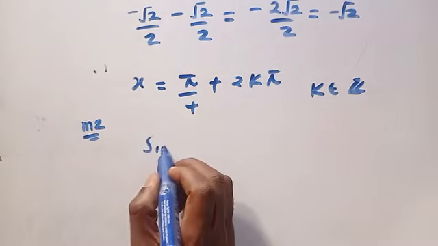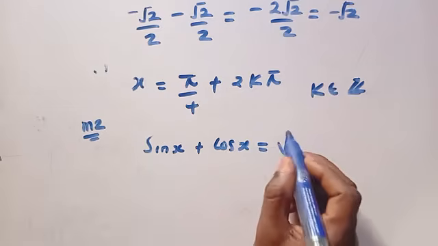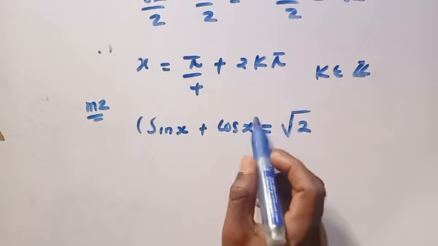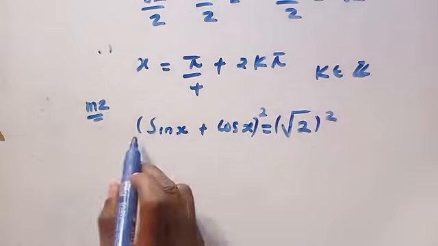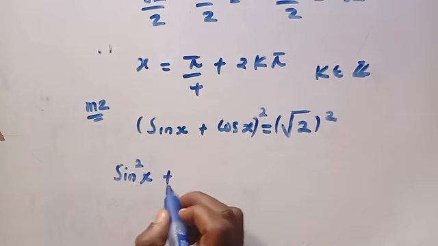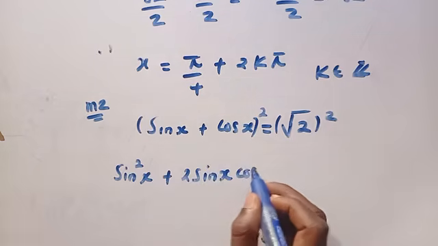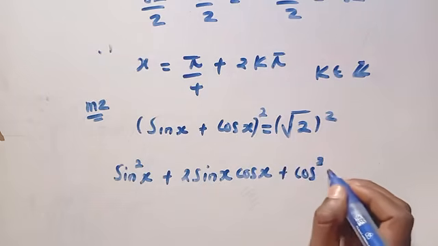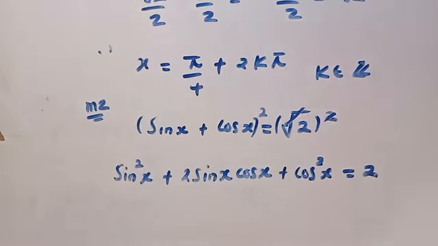So in a simpler way, if you have sine x plus cos x equals root 2, first I take the square of both sides. So this side becomes sine squared x plus 2 sine x cos x, then plus cos squared x equals, square and square root cancelled, and we have 2.